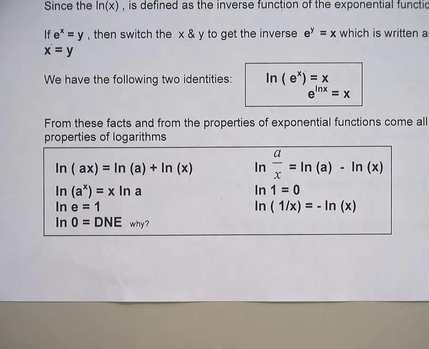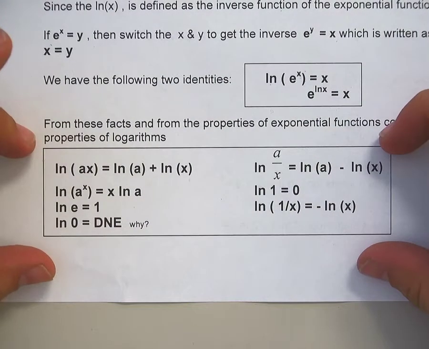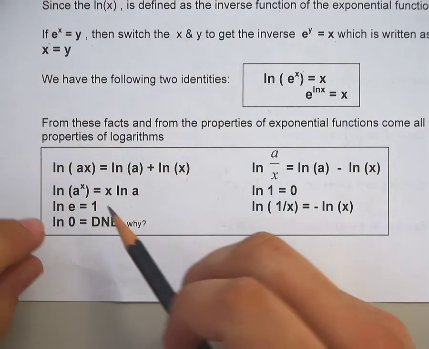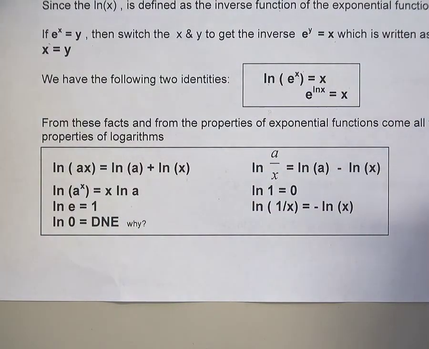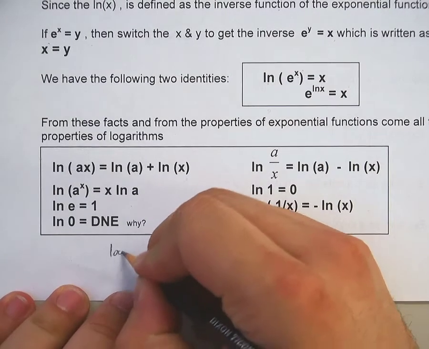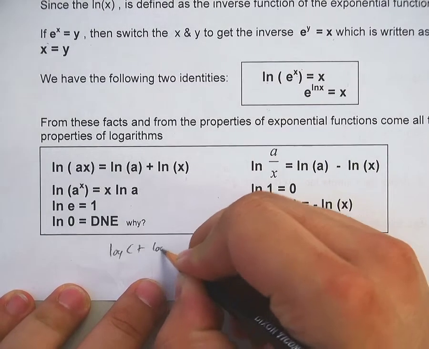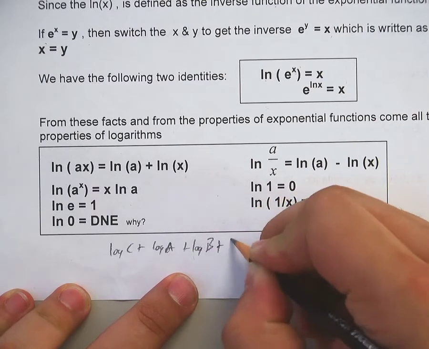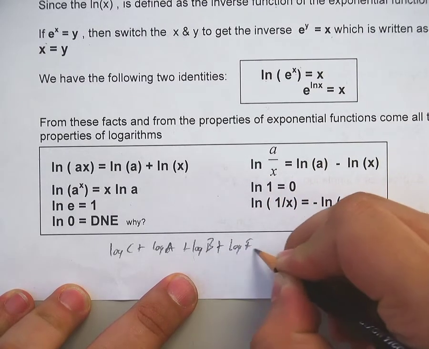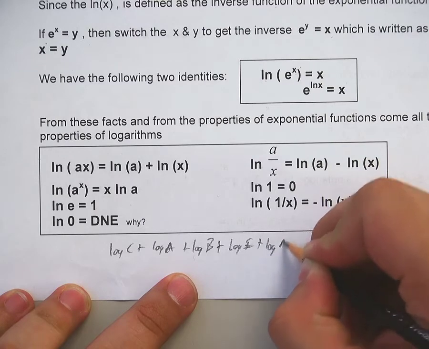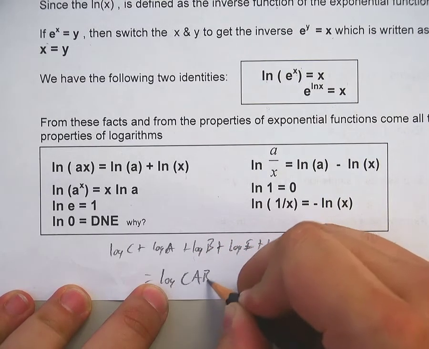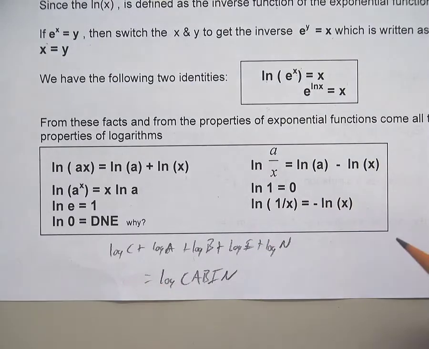Okay, these are all of your logarithm rules, and they still apply this time. If you'll remember from last year, log cabin, which is log C plus log A plus log B plus log I plus log N equals log cabin, right?